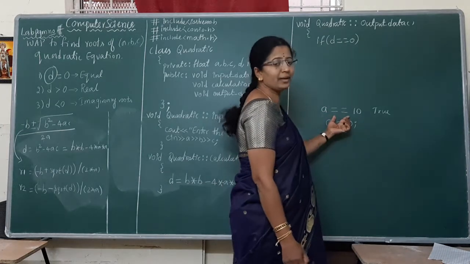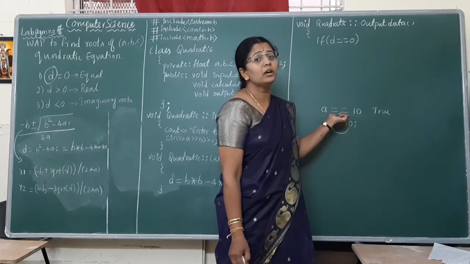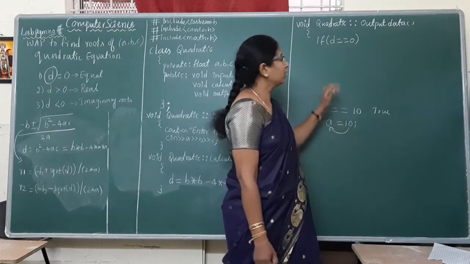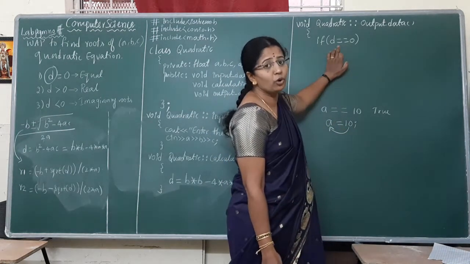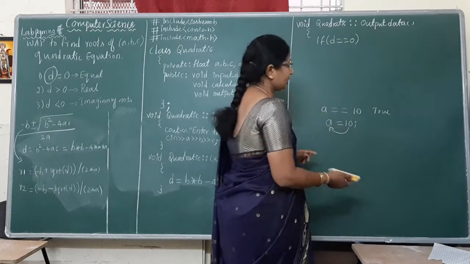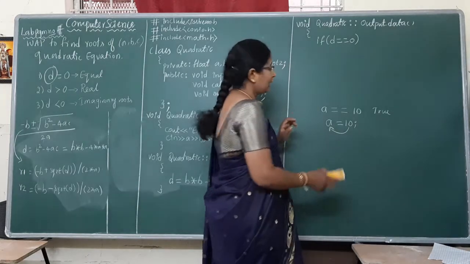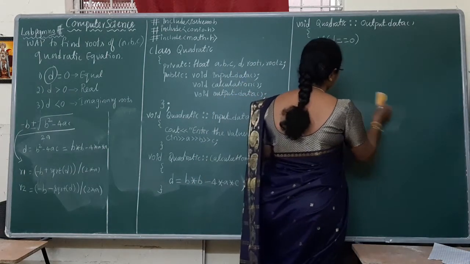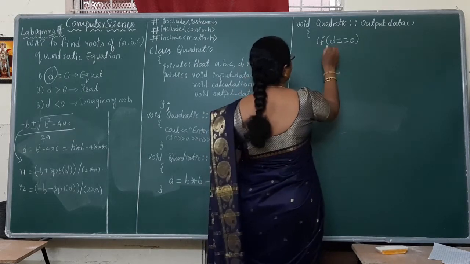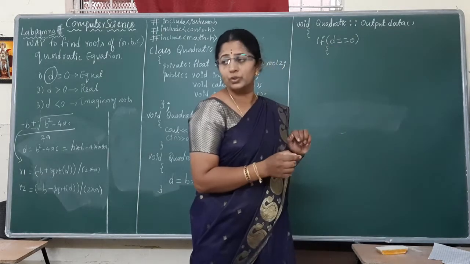Here the result is always true or false. With assignment, we are assigning the value: the RHS value will be assigned to the LHS. You got it? So if D is 0, then we need to find the roots.